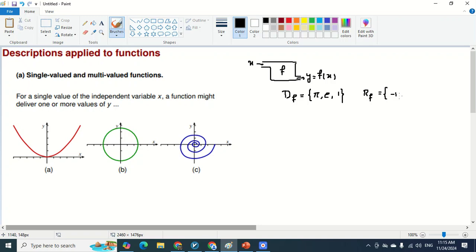Then for the given domain and range, we should determine the function by the corresponding relation between them. We can put them in sets like this, denoting the domain by D of f, with the values pi, e, and 1, and also make the range on the other side with the values -1 and 2.